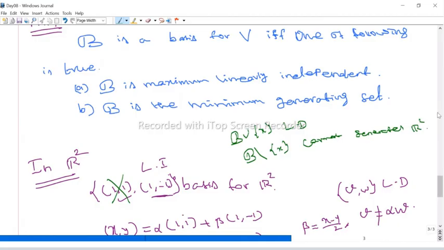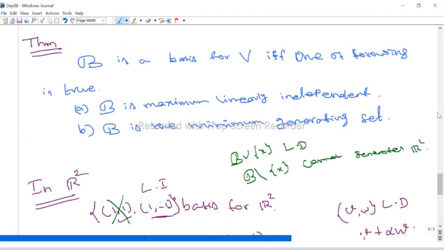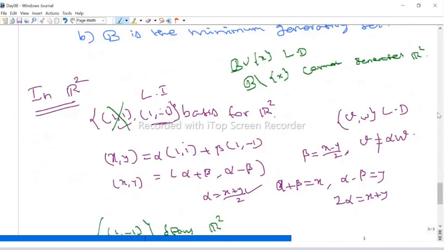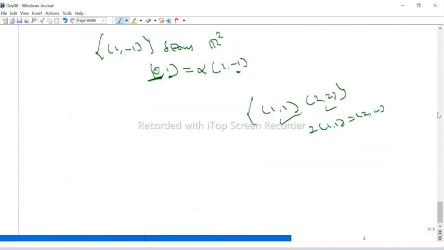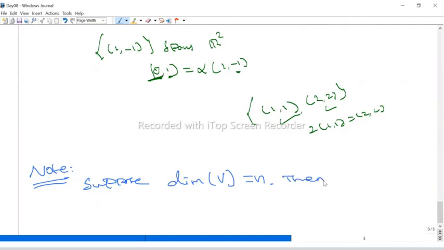Okay. Suppose you know the number of elements in the basis, say n, which is the dimension. That is another important result. Suppose we know the dimension of the vector space is n. Then if we take any linearly independent set of n vectors, that becomes a basis. We can take this as a remark: suppose V is a vector space and the dimension of V is n.